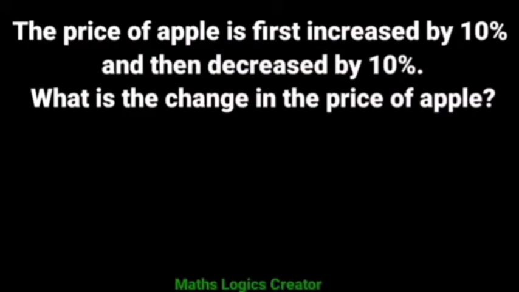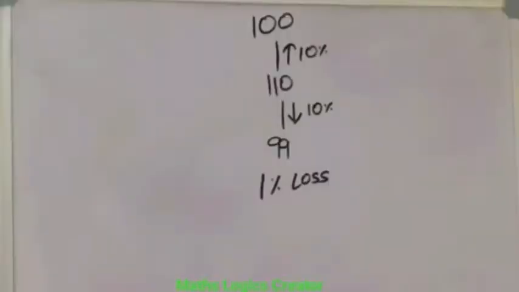The price of an apple is first increased by 10% and then decreased by 10%. What is the change in the price of an apple? The price of a commodity increased first by 10% and again decreased by 10%. Is there any change? Definitely there is going to be some change. So the initial value of the apple is 100 rupees.